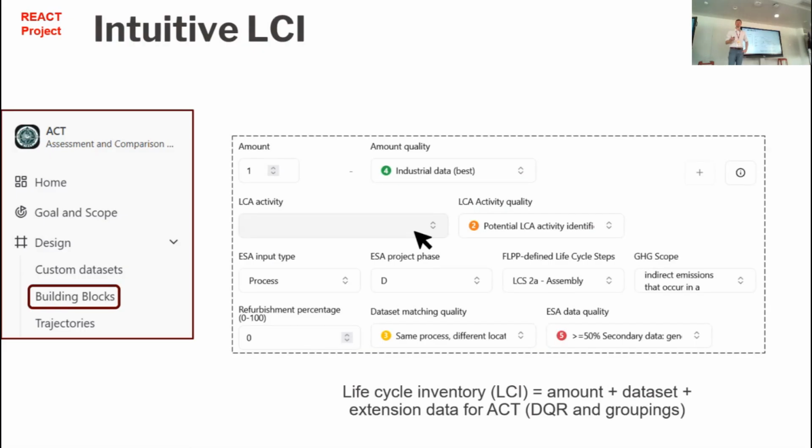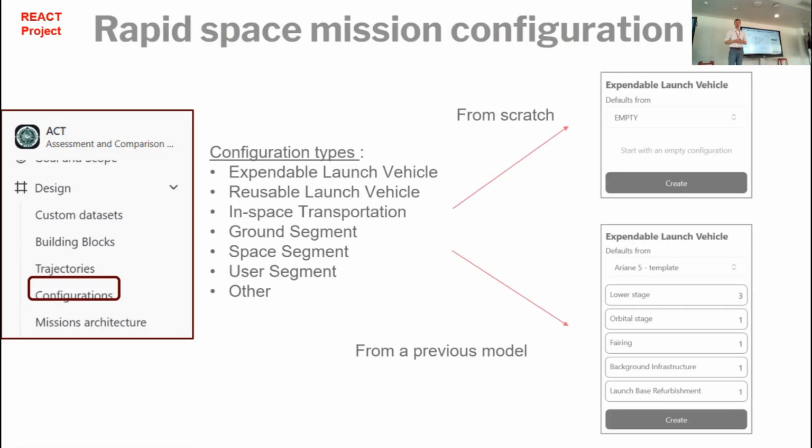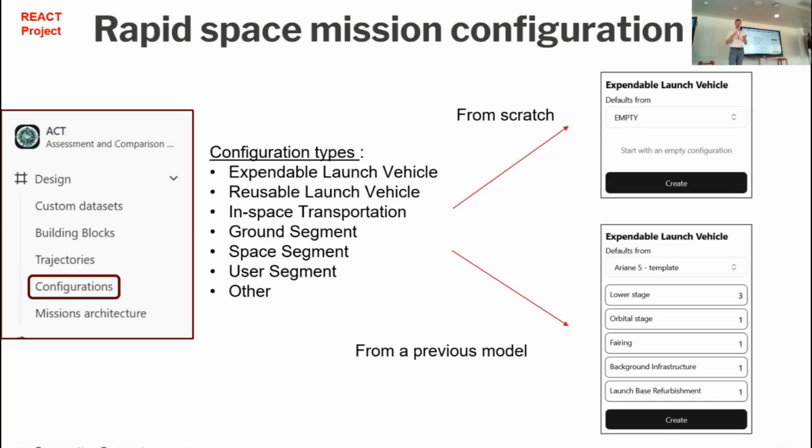The inventory, so you would select a data set from those available databases and then provide additional information like data quality rating that Karin explained, or ways to group the impacts once they are computed in the different plots that are provided. The configuration, so really the system level of what you want to model.